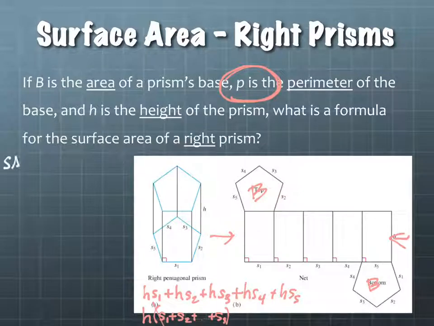We already said that we have 2 bases. That's 2b. Okay? Plus, we have the height times the perimeter. H for height, P for perimeter.